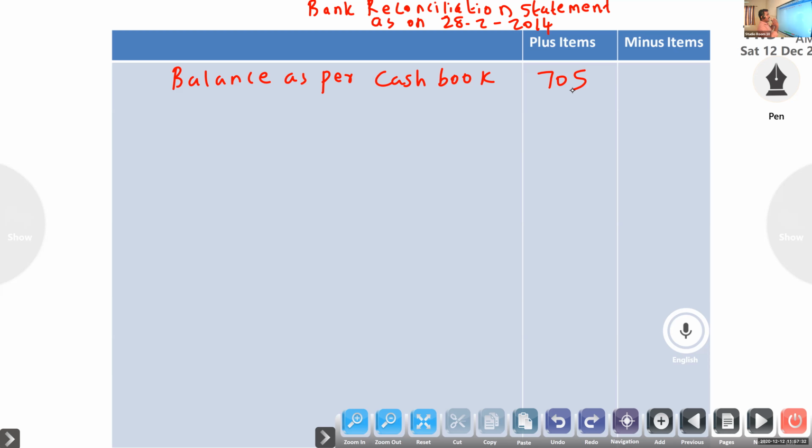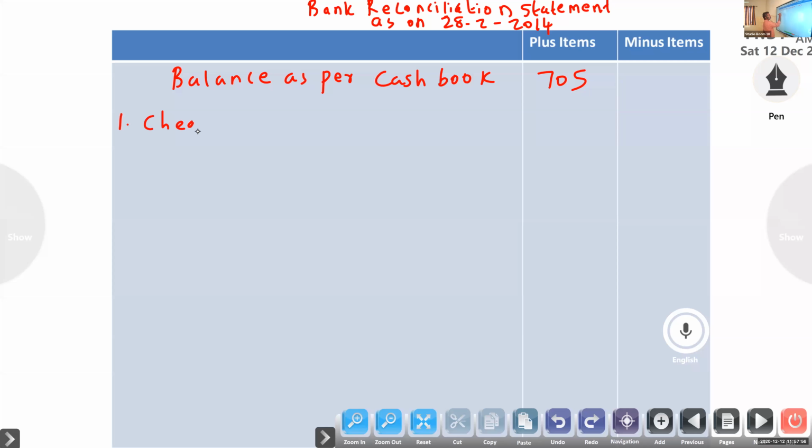So here we first have to look at cash book debit and passbook credit. Here one cash book item is not there in the passbook. So you have to look at whether any item in the passbook is more. That also you have to look at. Okay. Now we found one item, 94. What is that?